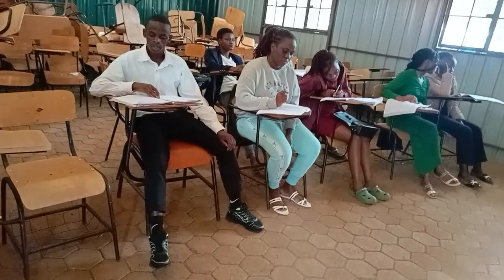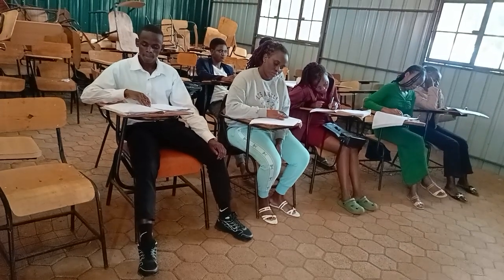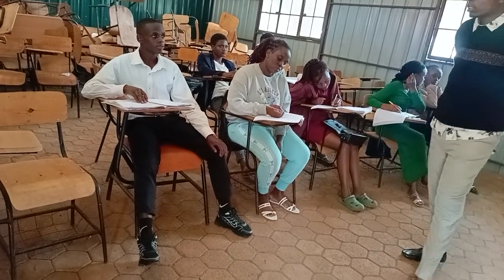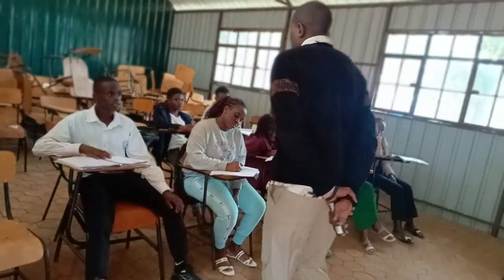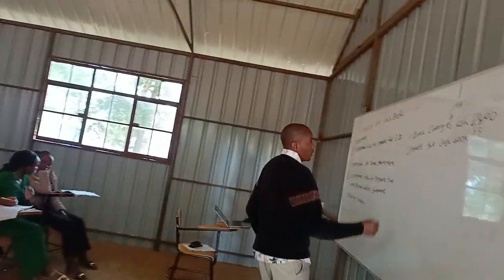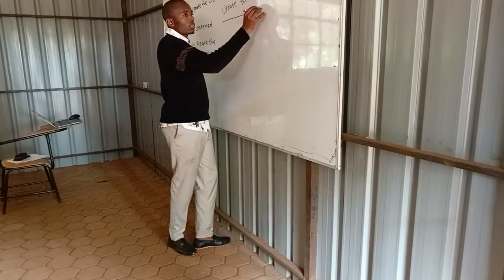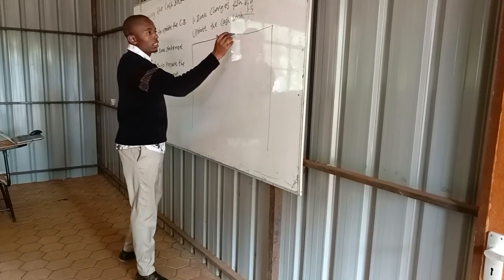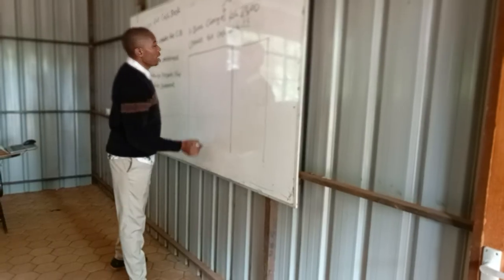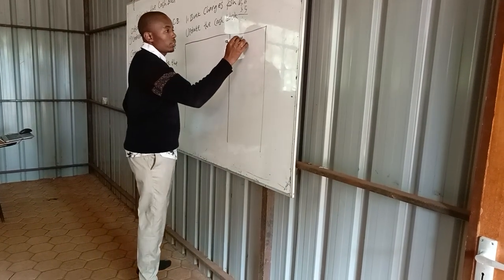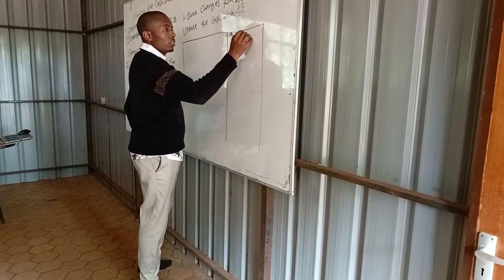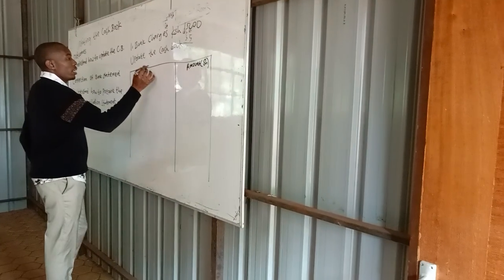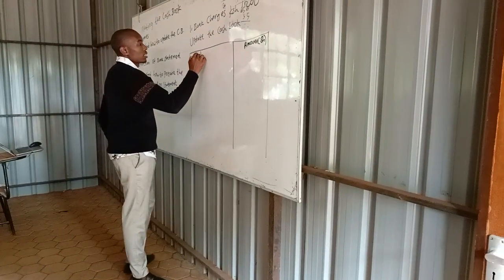I gave you the format for how the update should be. So we have the amount in shillings, then the details.